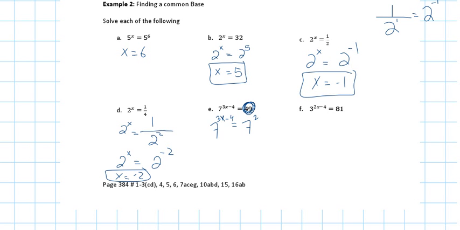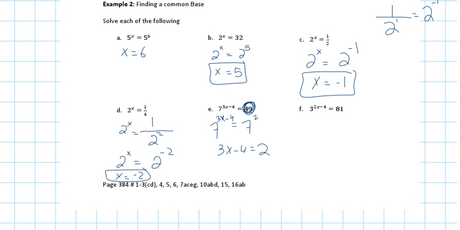I love how you guys are light years ahead of me right now. So, drop the base. You guys have to slow down. Drop the base. Exponents are equal. Because I have the same base, I can get rid of it, and I can make my exponents equal, like I did in the previous examples.